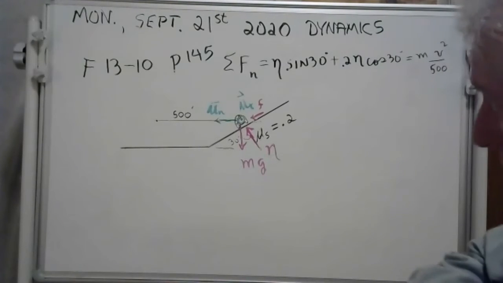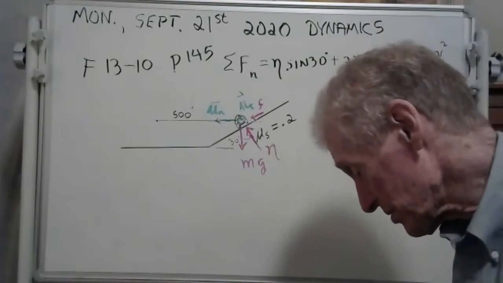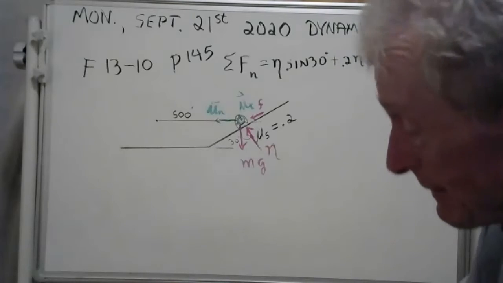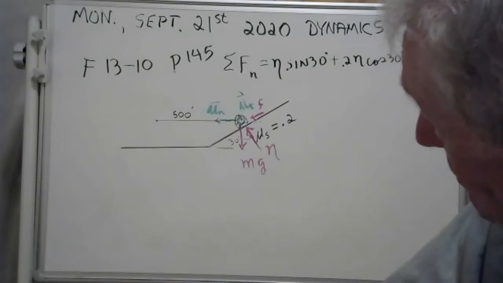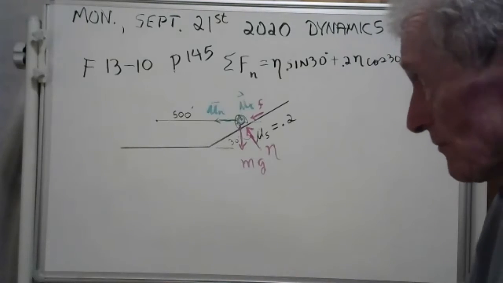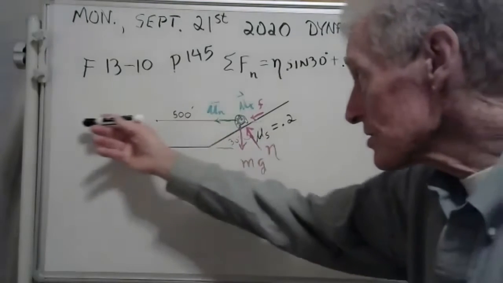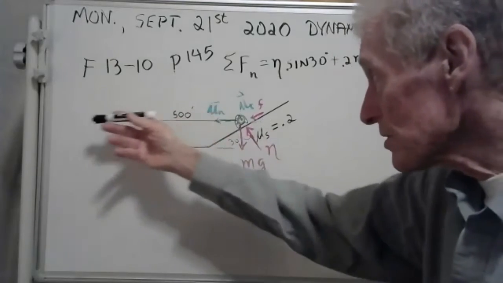We need another equation, but it's not going to be the sum of the forces in the tangential. That isn't going to help us any because there's 0. But this is one of those problems that you have to stare at for a while. There is another equation. This body is staying in the plane of this big circle it's going in.